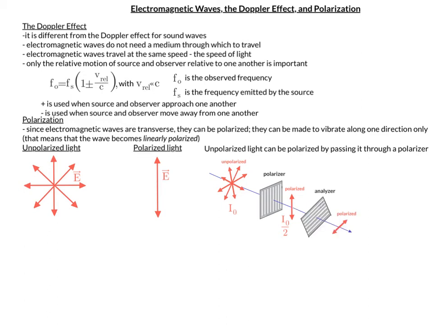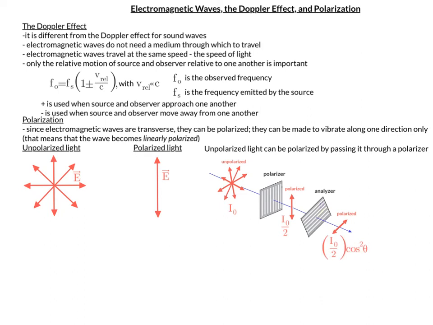Now, once we have polarized light with this intensity, we can pass it through an analyzer, and its purpose is to get light with its electromagnetic field oriented in a particular direction and with a specific intensity. So once we have polarized light, we can now play around with changing its intensity and also the orientation of the electric field.